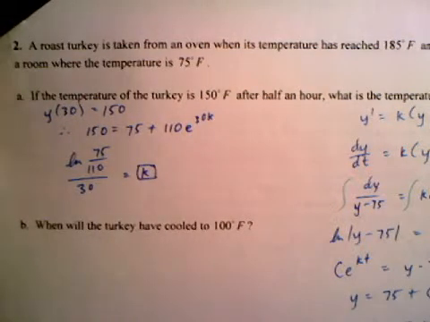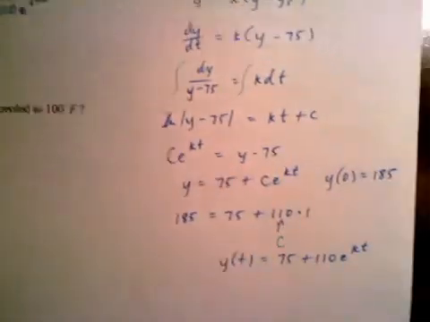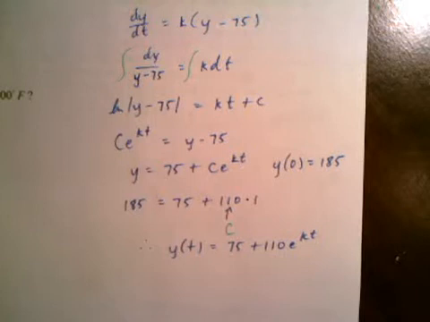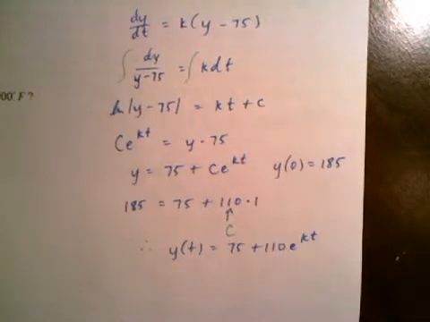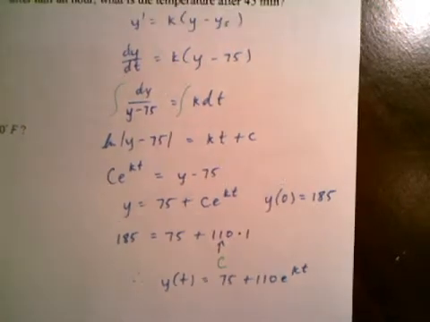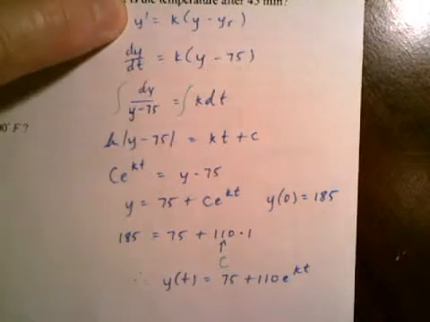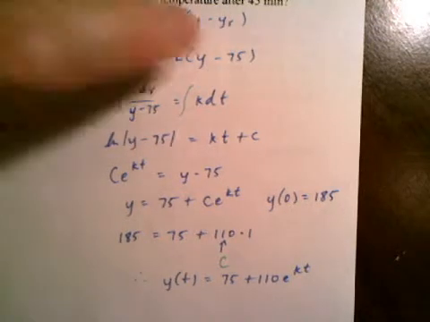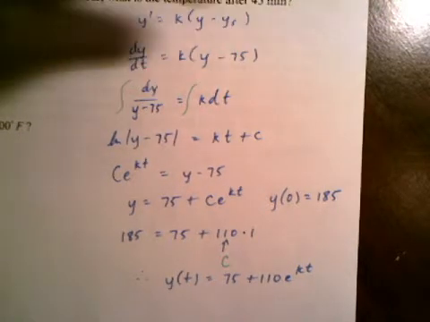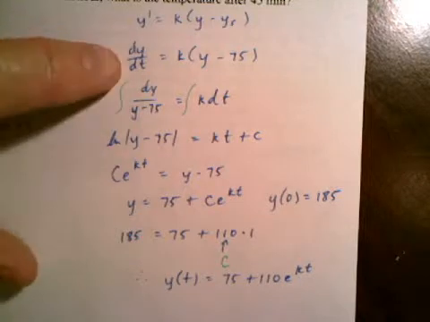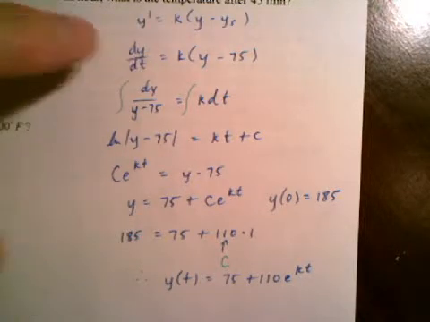I already did some of the work because it's pretty redundant. I'm going to ask you to pause the video if you want to take a look at this part, where we again start with Newton's law of cooling. We have a surrounding temperature of 75. We separate the variables to solve for y.